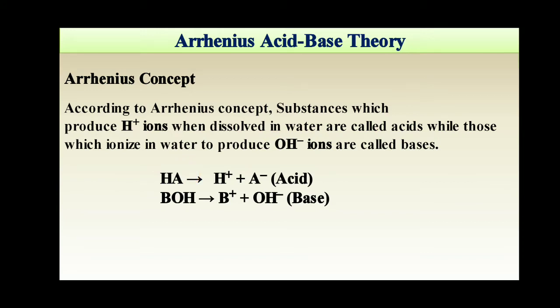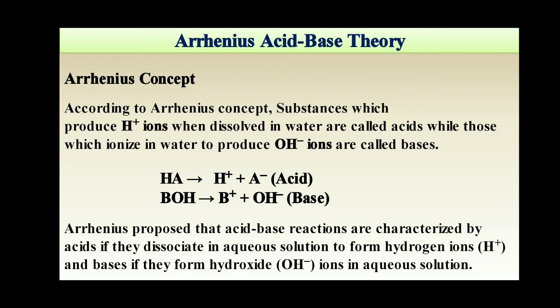See, HA, that is an acid, dissolved in water, releases H plus ion. For a base, the other substance releases OH minus, the hydroxide ion, and that is why it is known as a base. Arrhenius proposed that acid base reactions are characterized by acids if they dissociate in aqueous solution to form hydrogen ion H plus, and bases if they form hydroxide ion OH minus in aqueous solution.